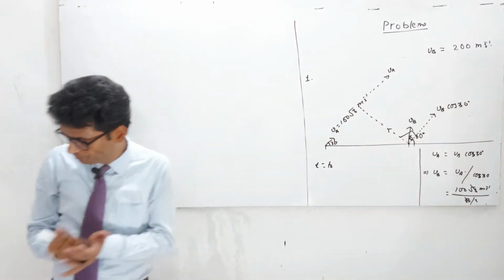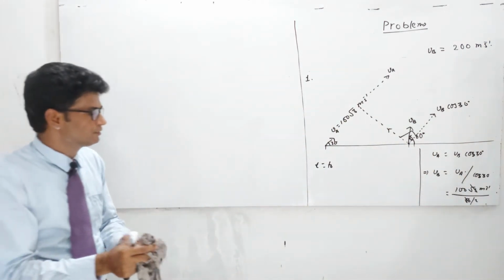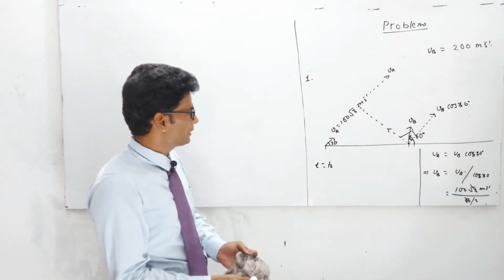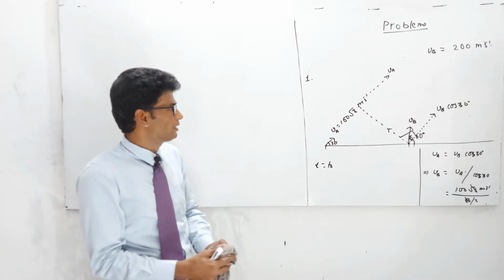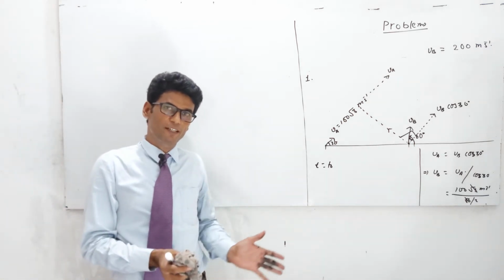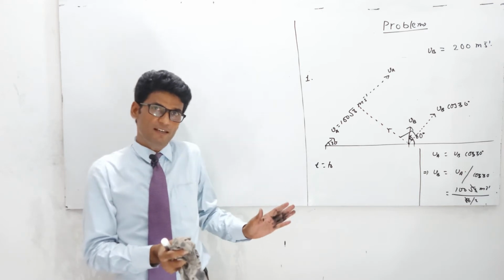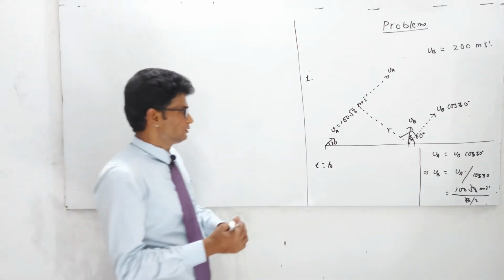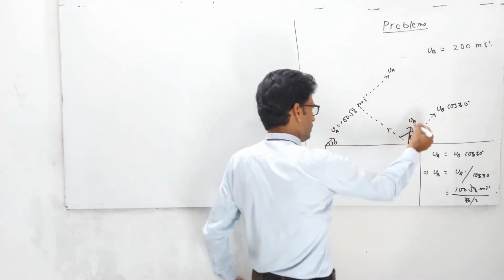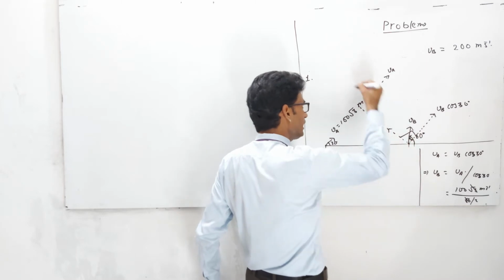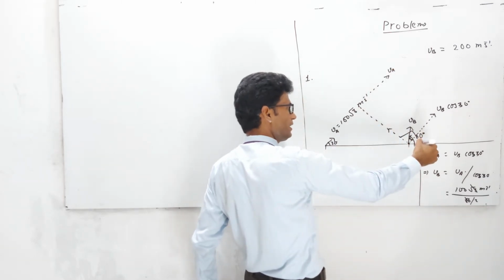So now the velocity of aeroplane B with respect to the aeroplane A, because one of the passengers of the aeroplane A sees, that is why we are talking like that. So what is the velocity of the aeroplane B perpendicular to the line of motion of aeroplane A?